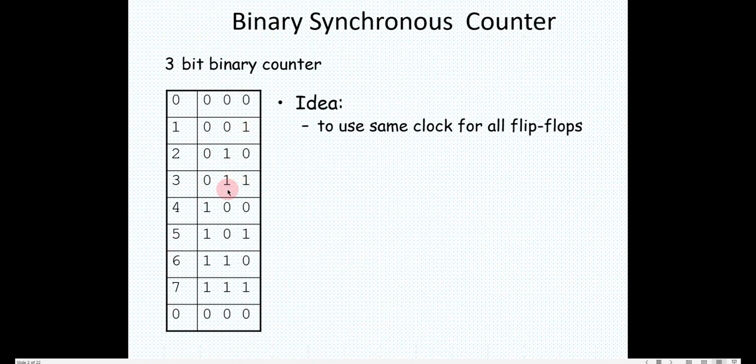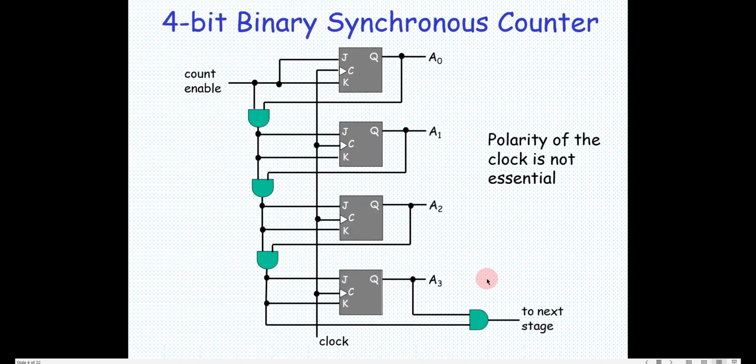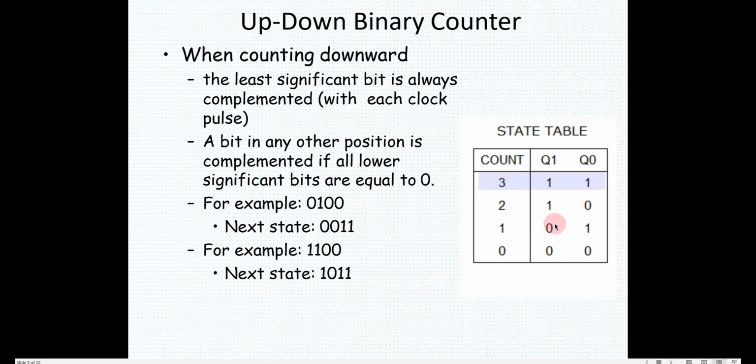Every time this is making a transition when the previous one is 1, whereas in this case it is making a transition when it is 0, because it is counting down. So that is the only difference out here.